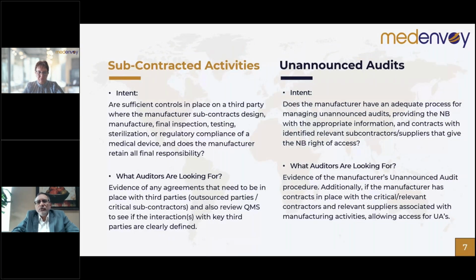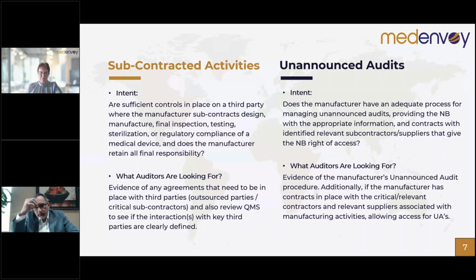Are we going to poll 2 as well? There you go. Which medical device classes are you currently working on, QMS? Okay. Right, so we have a good mix. That's good information. Thank you for participating in those polls.